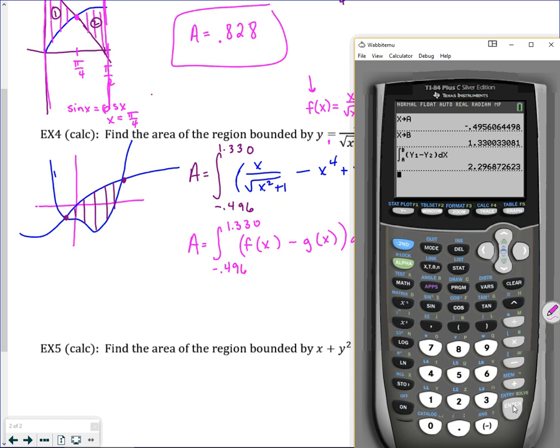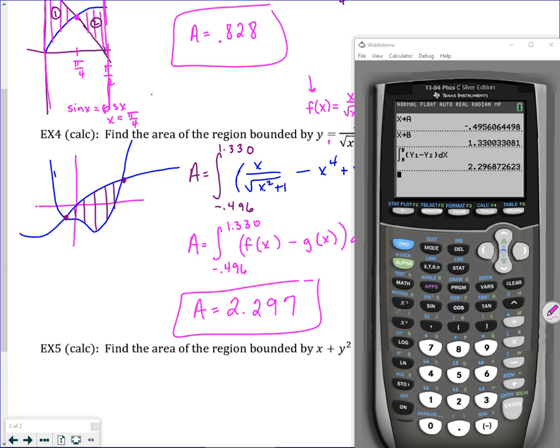And it's using all of the values, and I'm not rounding until my final answer, and that is going to be the area. So that's a very important skill on the calculator, how to store those values and write those down.